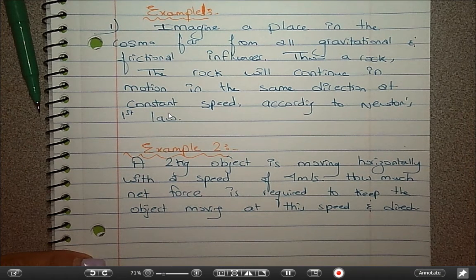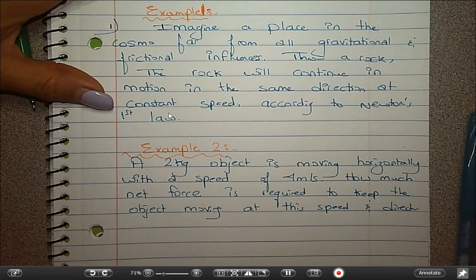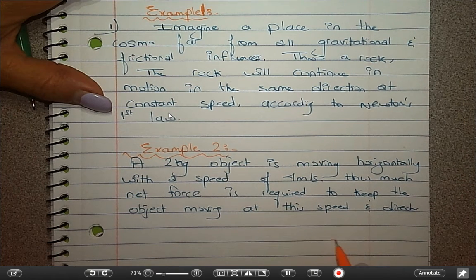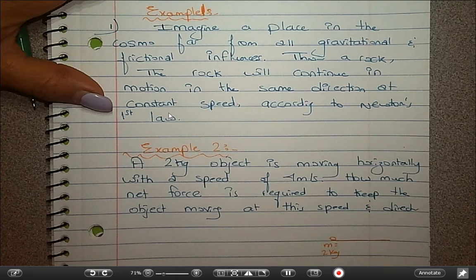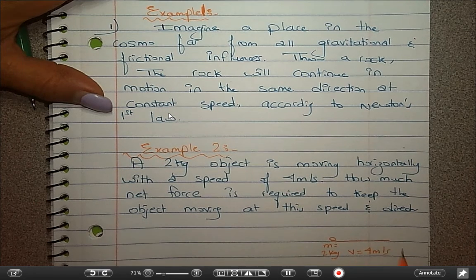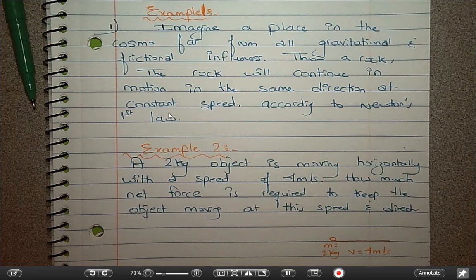All right, so we have the object moving horizontally. The mass is 2 kilograms. Speed is 4 meters per second. So what is the net force?